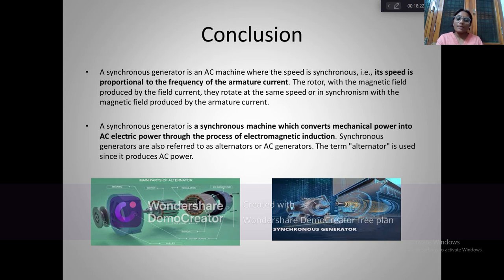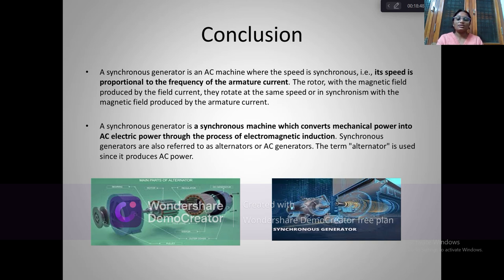The rotor, with the magnetic field produced by the field current, rotates in synchronism with the magnetic field produced by the alternating armature current. A synchronous generator is a synchronous machine which converts mechanical power into AC electrical power through the process of electromagnetic induction. Synchronous generators are also referred to as alternators or AC generators.